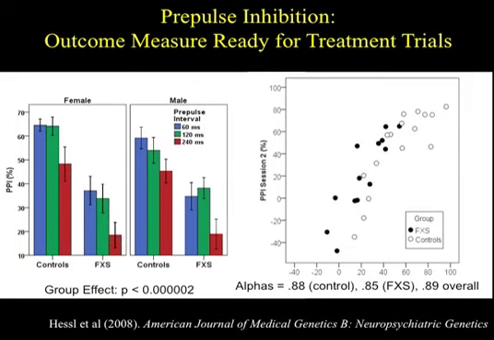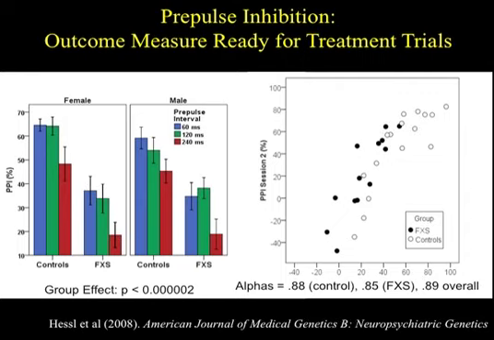So in this study, what we found, which was basically replicating that other smaller project that I mentioned earlier, is that individuals with Fragile X, both males and females, had very substantial impairment in prepulse inhibition.